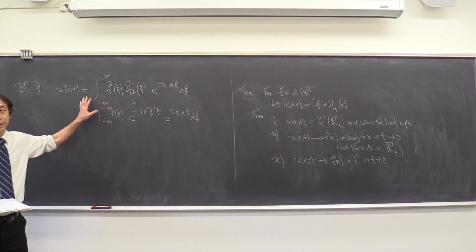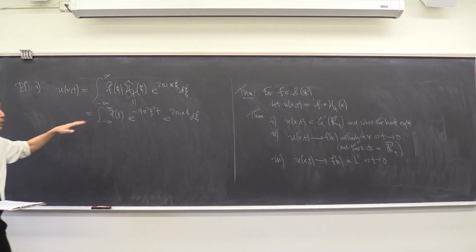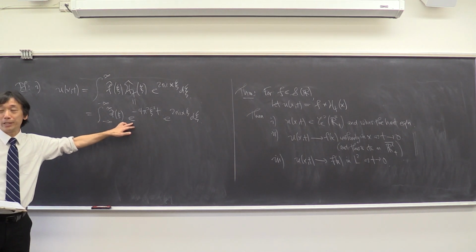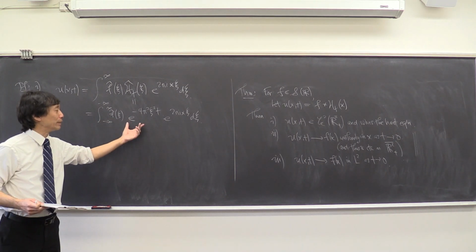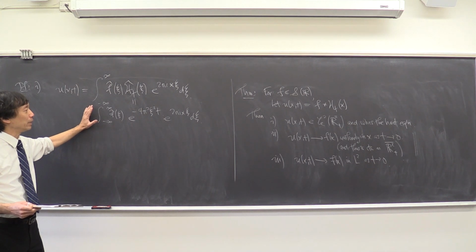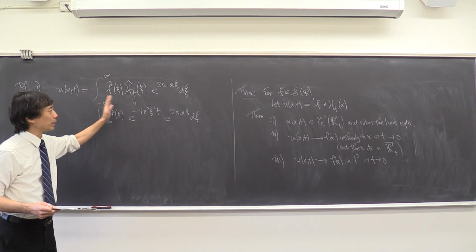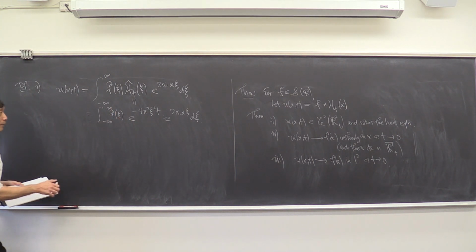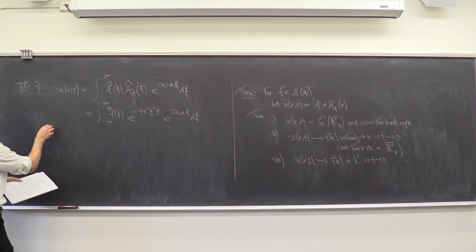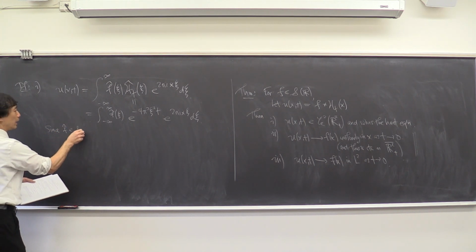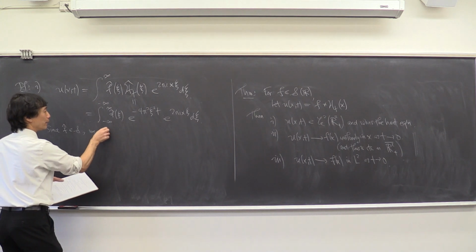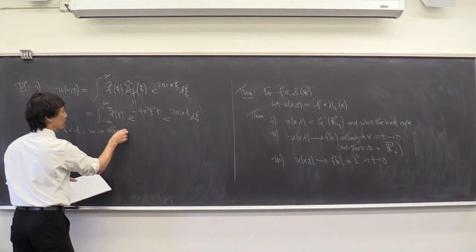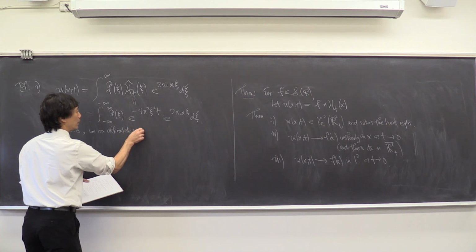Okay. Showing that this thing satisfies the heat equation is just a matter of differentiating this. We want to show that the first derivative with respect to t is equal to its second derivative with respect to x. And this is a little bit of a cheat, but since f hat is in the Schwartz class, we can differentiate under the integral.